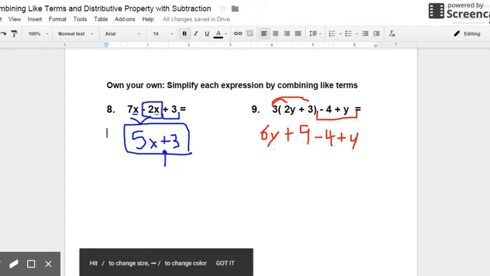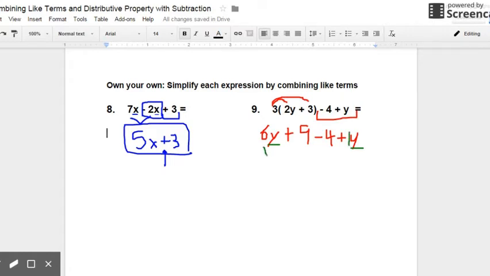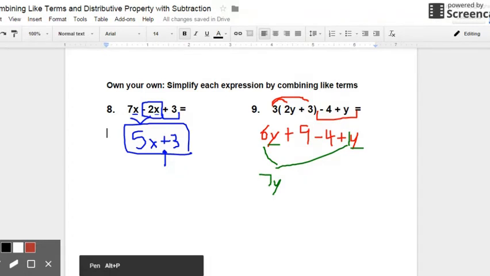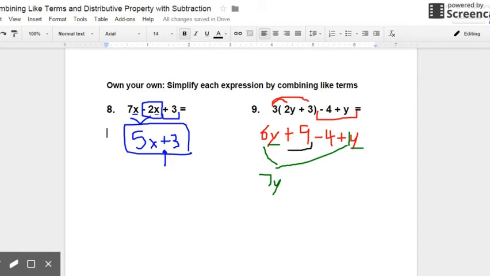So next we want to find like terms. Well, here's a y. Here's a y. Nothing's in front of it, so remember, this means 1. You can always write it in there. We add together the 1y and the 6y, and we get 7y's. Next, we also have the like terms of the constants. Remember, this is just a number.